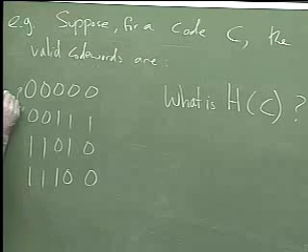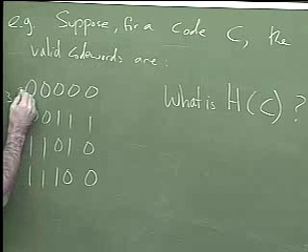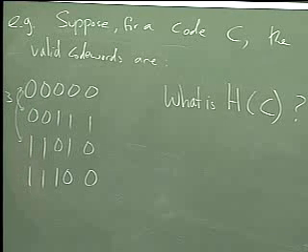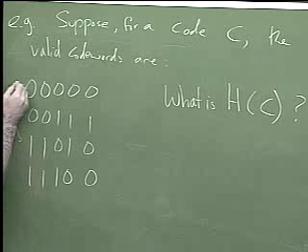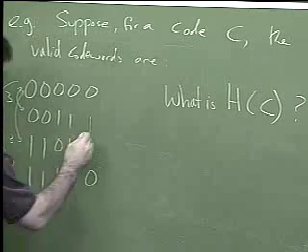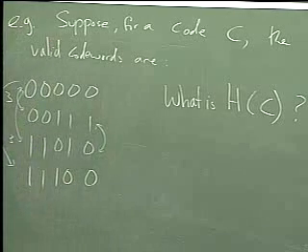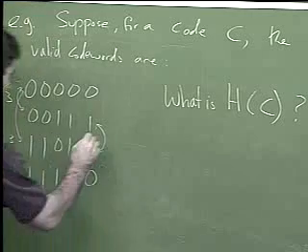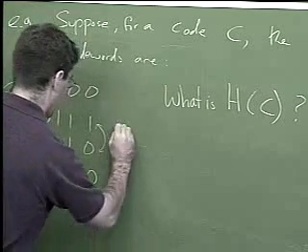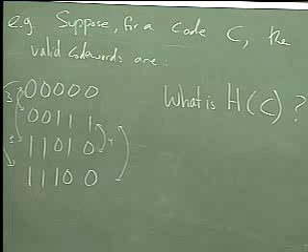And between this pair? 3. And this pair? 3. And this pair? 4. And this pair? 4.